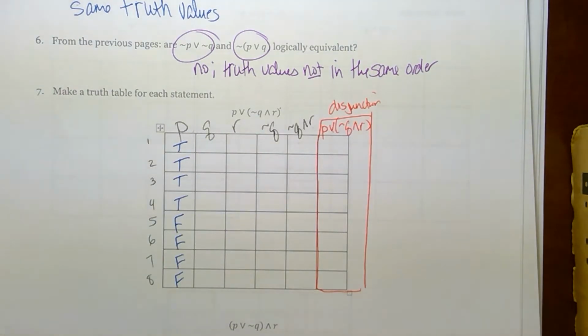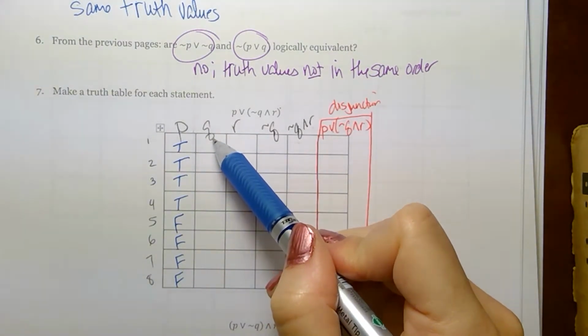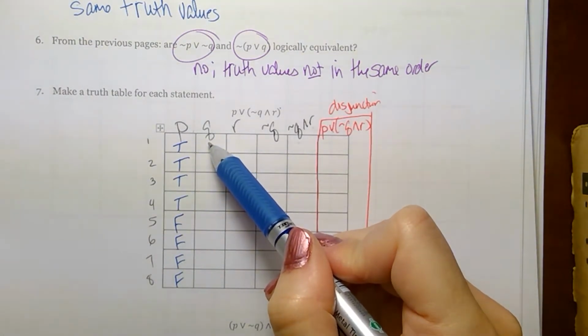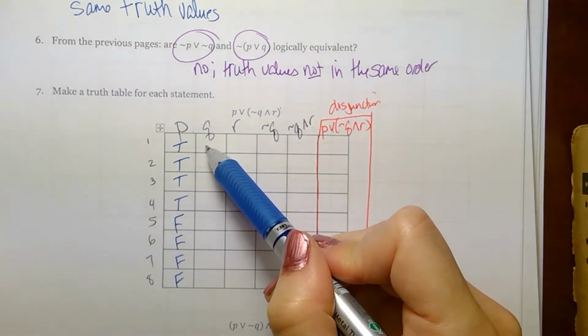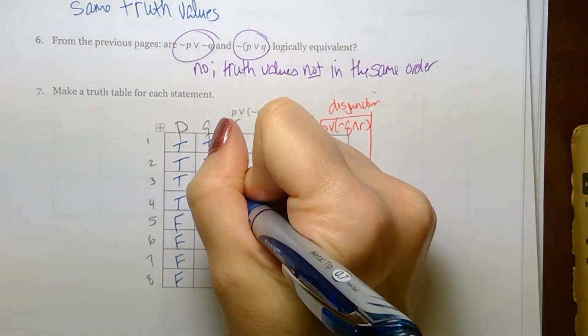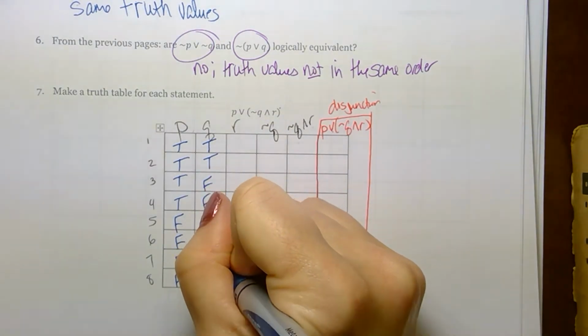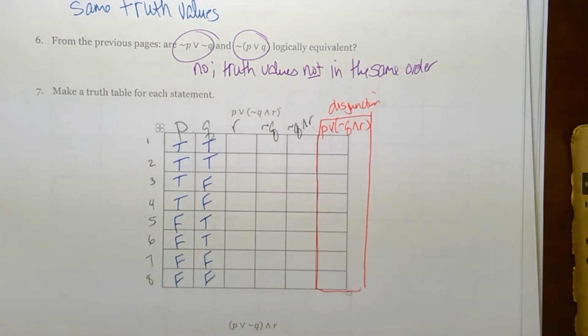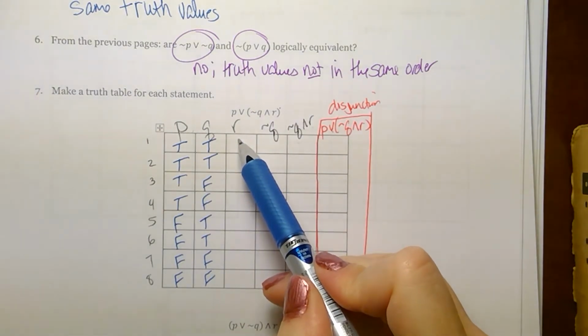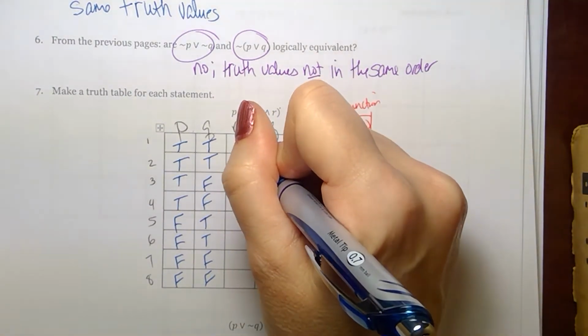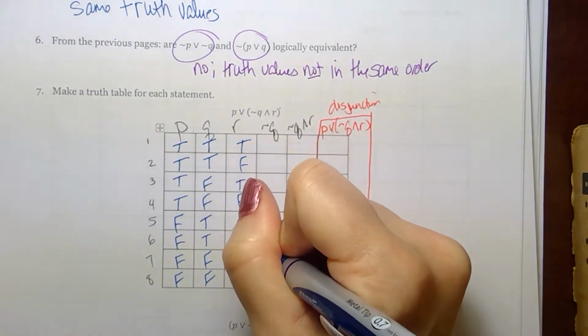That's my P column. Q also doubles. It was just alternating true, false, true, false. Now it's going to go 2 by 2. So it will be true, true, false, false, true, true, false, false. Then we get to our 3rd statement, R, and it alternates. True, false, all the way down.